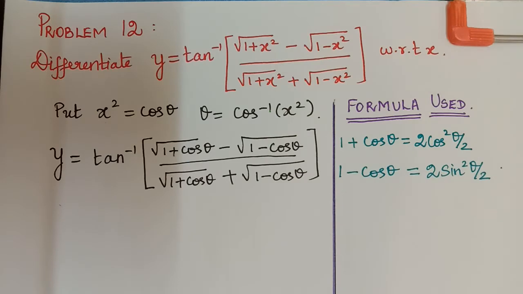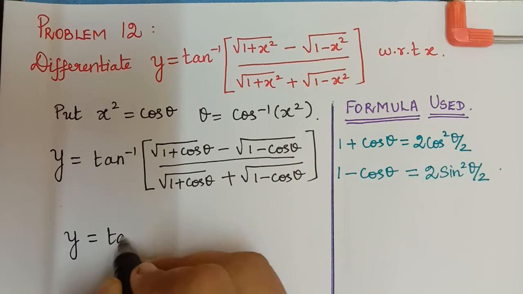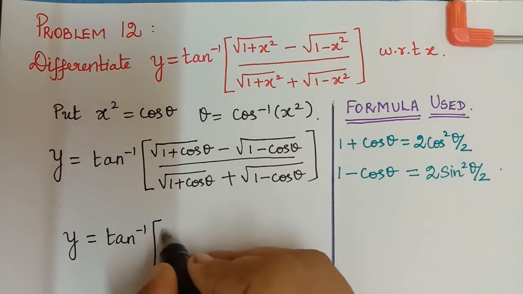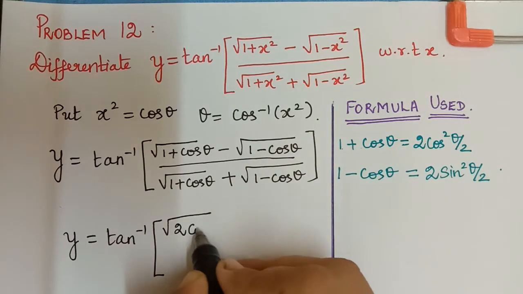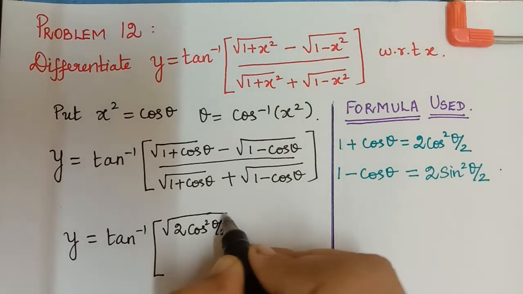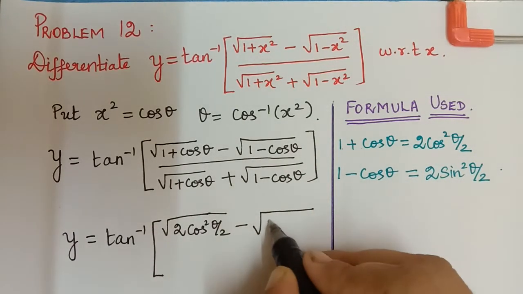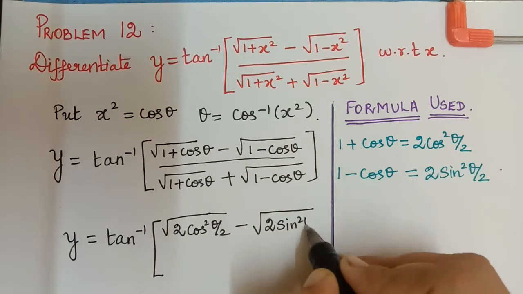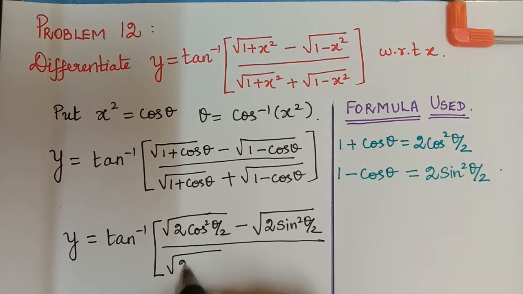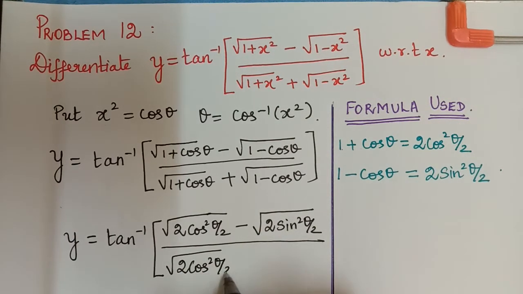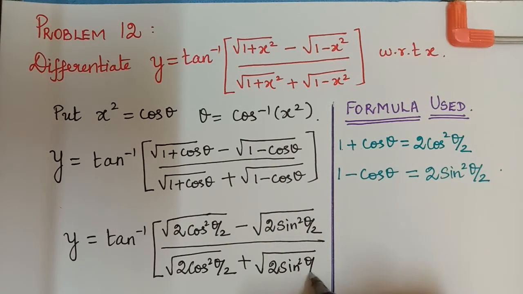So, using these formulas, we obtain y equal to tan inverse of square root of 2 cos squared theta by 2 minus square root of 2 sin squared theta by 2, the whole divided by square root of 2 cos squared theta by 2 plus square root of 2 sin squared theta by 2.